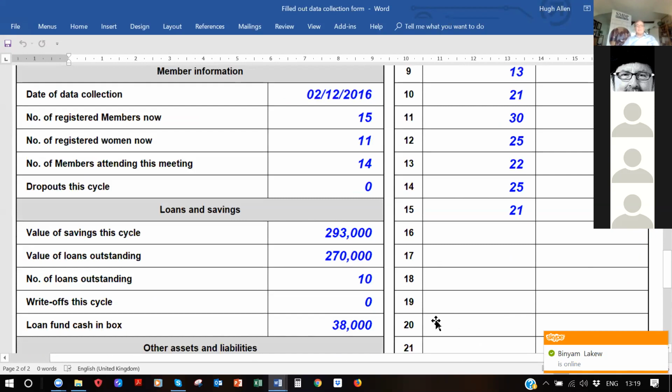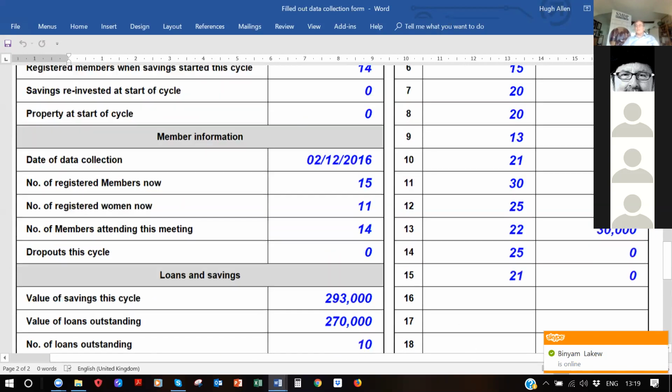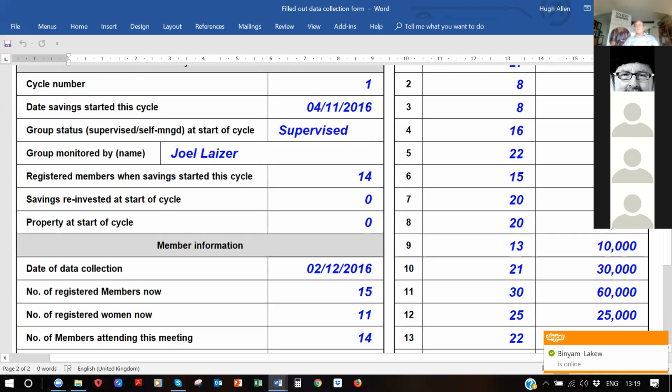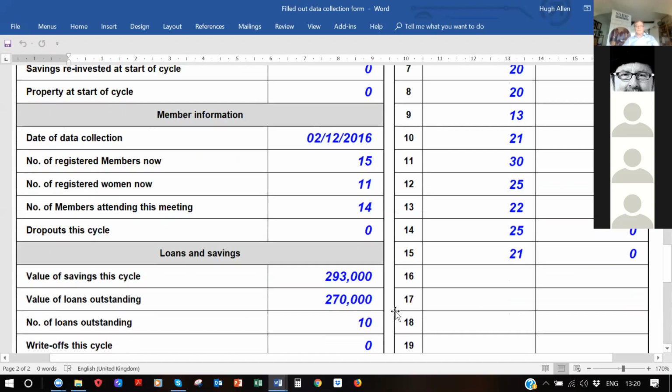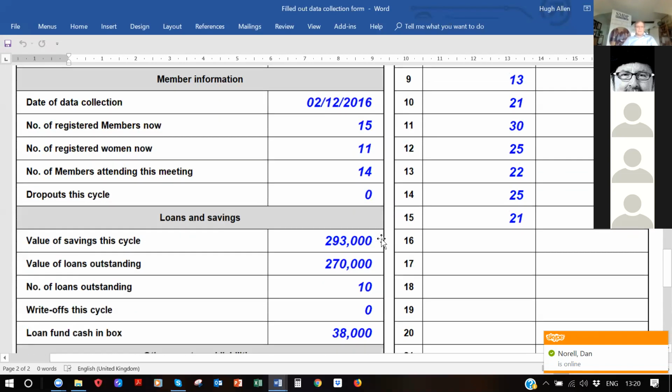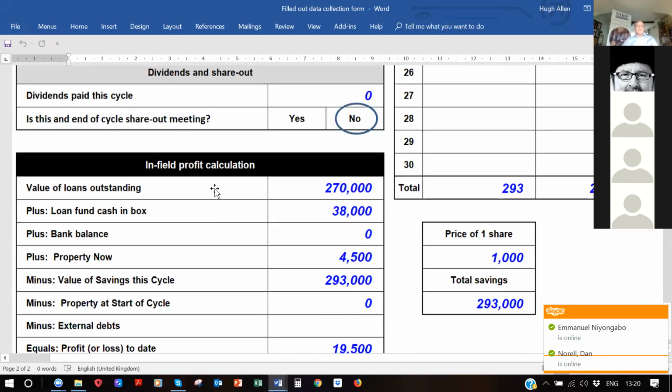And we have 10 loans, okay? So we count them just by counting 1, 2, 3, 4, 5, 6, 7, 8, 9, 10. So that's 10. So this worksheet just helps us to make sure that we've got our savings and loan calculations correct. Now at the bottom here we have another table.